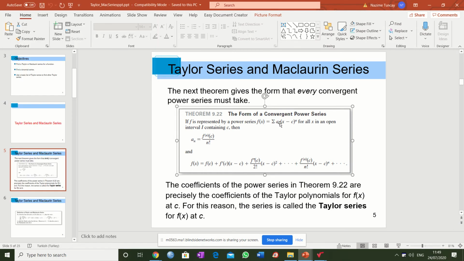By the way, this is the summation of a_n (x minus c) to the power n.